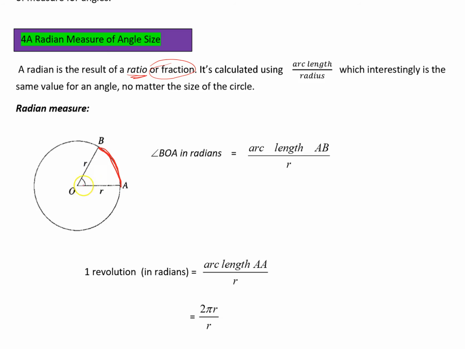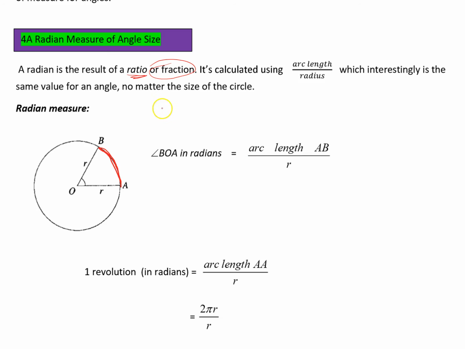Now when the circle is of this size with this radius, the ratio of that arc length to that radius would actually give me the size of the angle in radians.